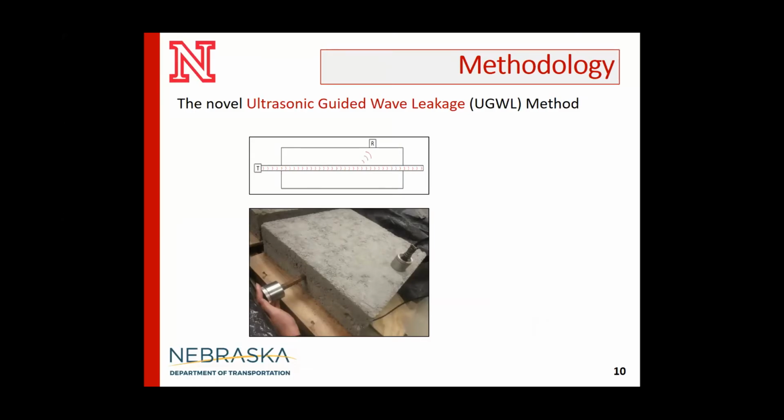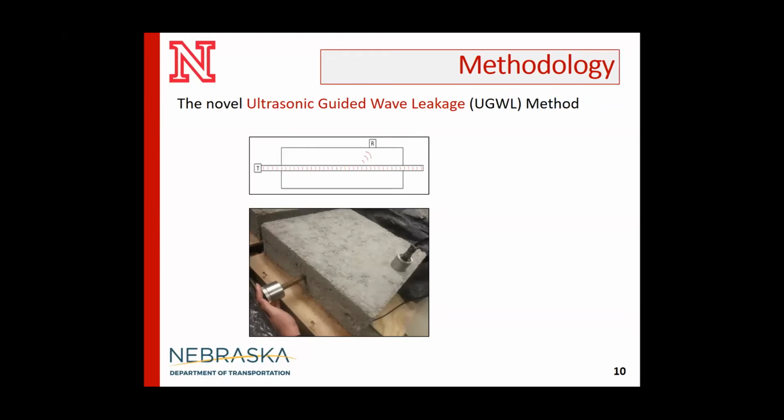So what we are doing is a variation of the guided wave idea. We put the transmitter on one end of the steel rebar, but we have concrete around it, so the impedance between concrete and steel is closer, so some of the energy does leak into the concrete.